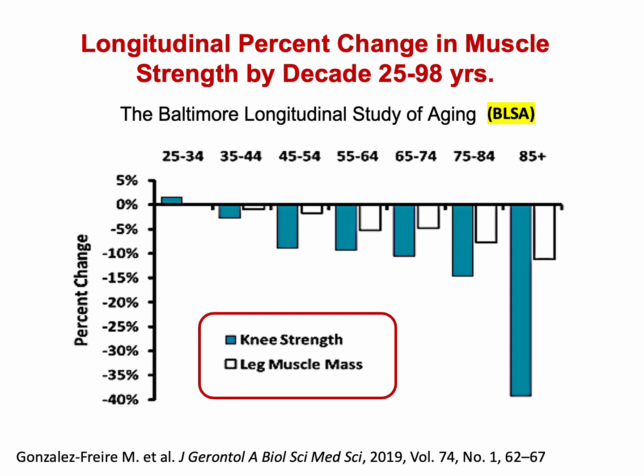So the BLSA study findings underscore the need for a dual focus on both muscle strength as well as muscle mass in the management of age-related sarcopenia. This is the reason why the current definition of sarcopenia is loss of muscle and loss of muscle strength or function.